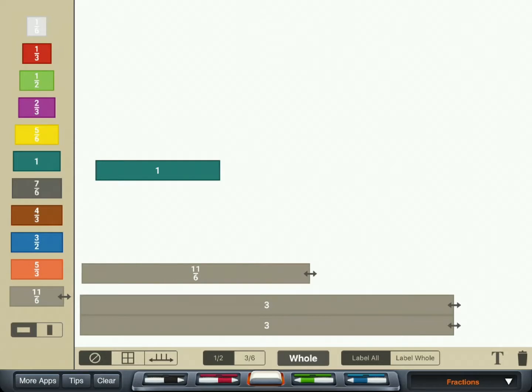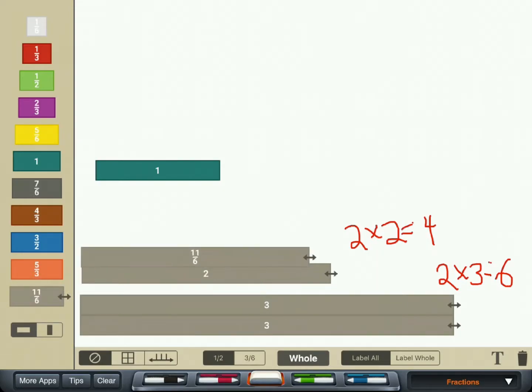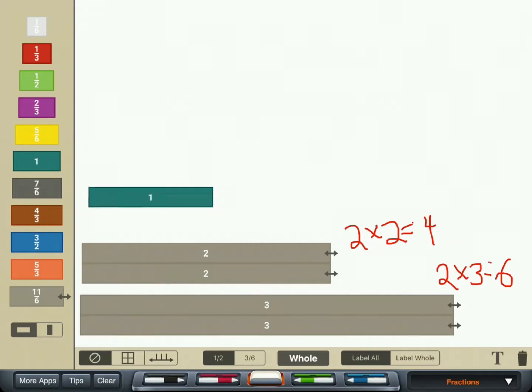Similarly, just like we did in the previous app, the number line app, we went from 2 times 3 equals 6, and then we considered 2 times 2 equals 4. I can model that here. I've got 2 groups of 2, and that makes 4. And this should be fairly simple for students to pick up on.